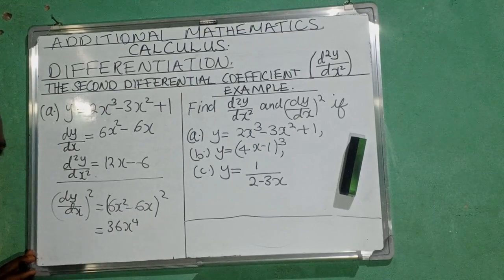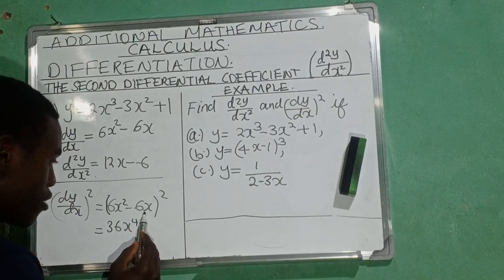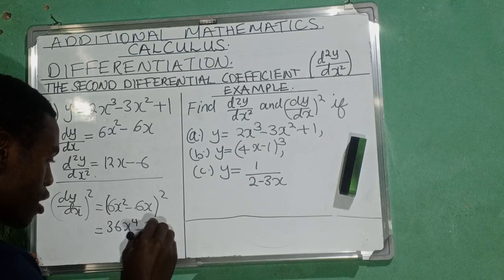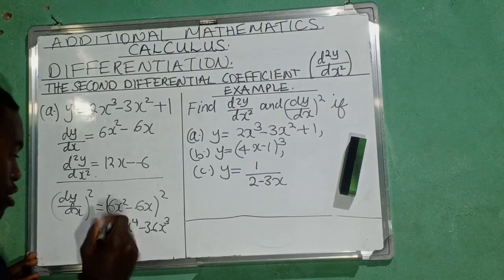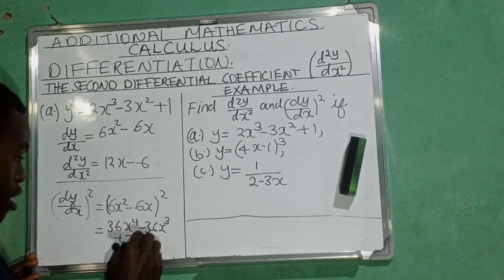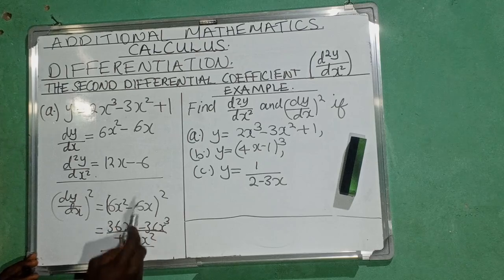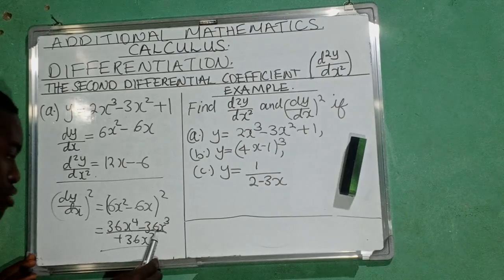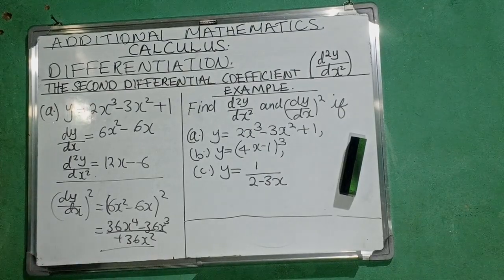Then 6x squared multiplied by minus 6x gives minus 36x cubed, and minus 6x squared gives plus 36x squared. So this is your final answer: 36x to the power 4 minus 36x cubed plus 36x squared.